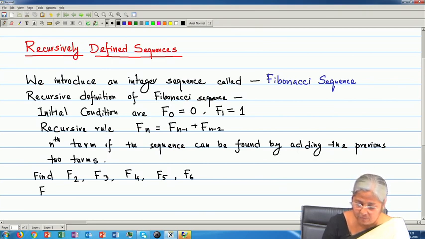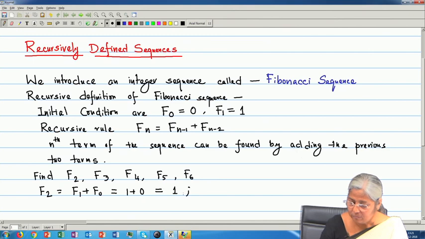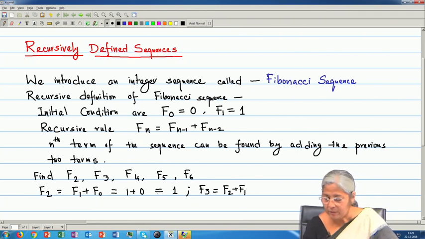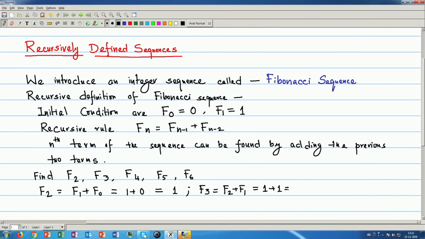So, f 2 is f 1 plus f 0, and f 1 is given as 1, f 0 is 0, so this is 1. Now, f 3 is f 2 plus f 1; we just got f 2 equal to 1 and f 1 as the initial condition is 1. So, it is 2.